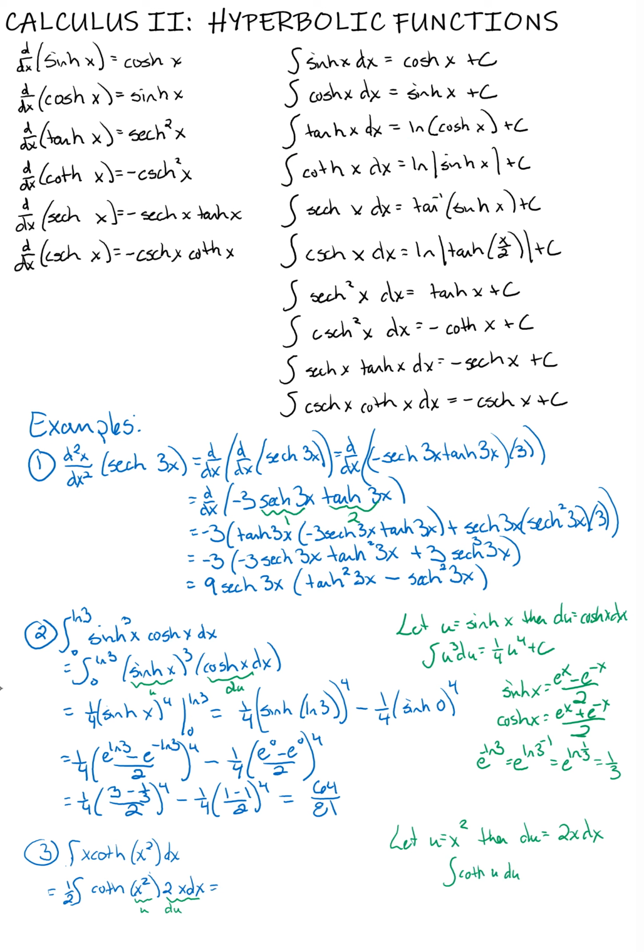We still have the 1/2 in front, and it's the natural log of the absolute value of hyperbolic sine of, in this case it would be u, but u is x squared, so I'll write it as x squared, plus c. Well, there you go. That wasn't so bad. Enjoy!